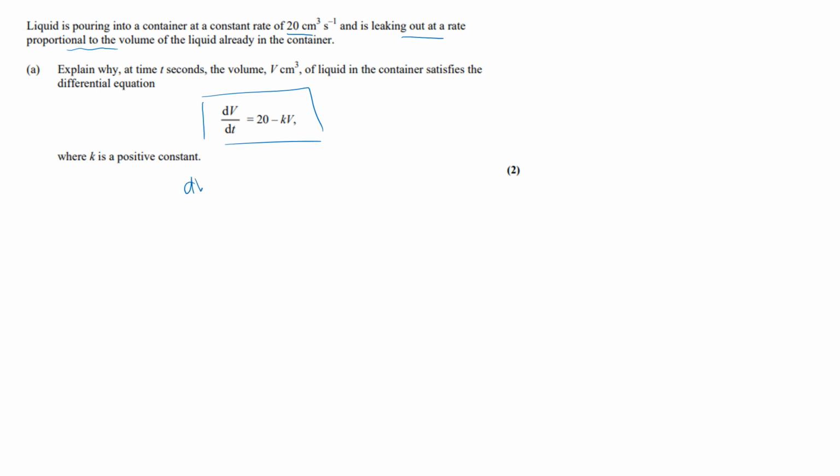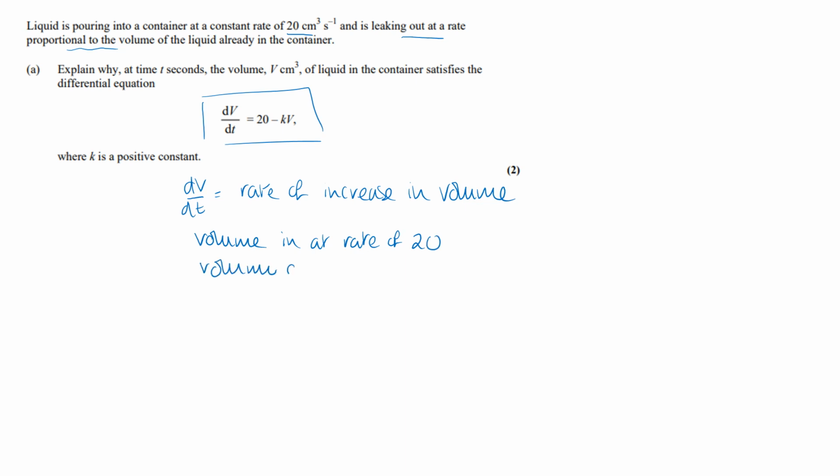So we can write that dV by dt is the rate of increase in volume with respect to time. So volume in at rate of 20, but the volume out is proportional to V, and V is volume in the container.